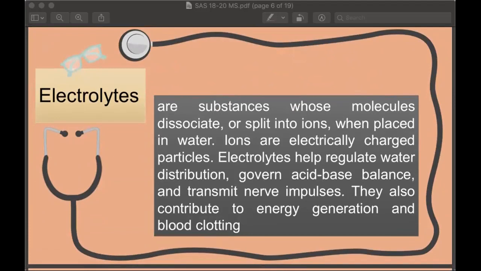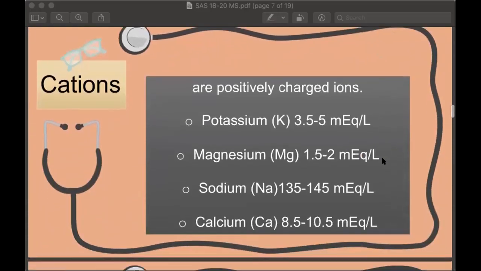Now, ions are electrically charged particles. We have positive and negative. Electrolytes help regulate water distribution. They govern the acid-base balance and transmit nerve impulses. They also contribute to energy generation and blood clotting. And we're going to discuss that one by one. Now let's go here.